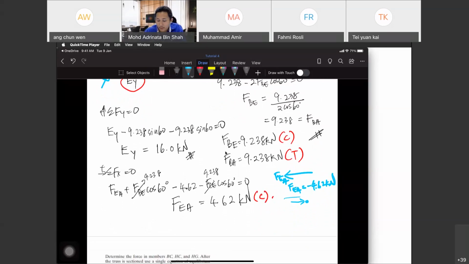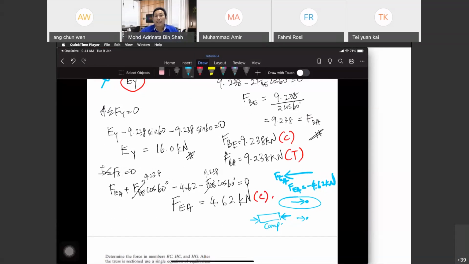So when you correct your direction, which your answer is negative, and then you can define that FCE is that way, but the beam is in compression. Okay, so this is compression.